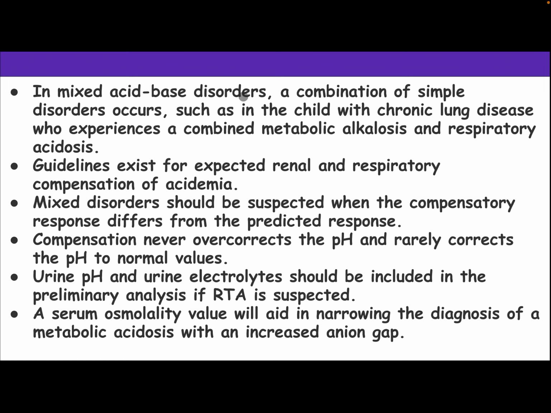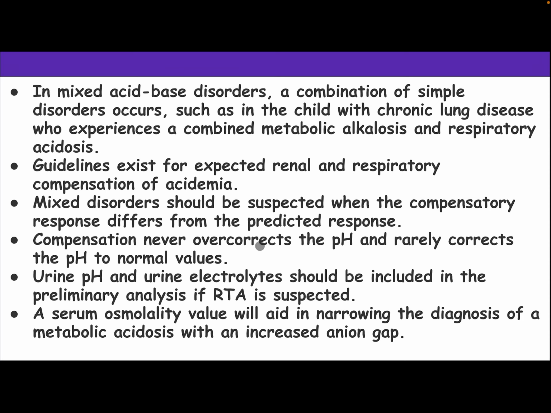In mixed acid-base disorder, a combination of simple disorders occurs, such as in a child with chronic lung disease who experiences a combined metabolic alkalosis and respiratory acidosis. Guidelines exist for expected renal and respiratory compensation of acidemia. Mixed disorder should be suspected when the compensatory response differs from the predicted response.